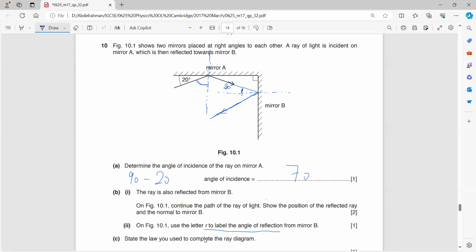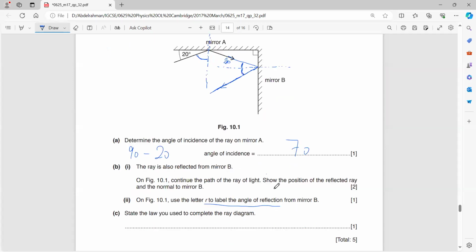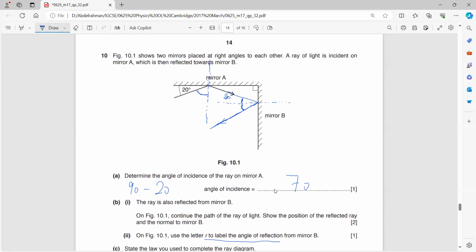He said label the angle of reflection R. So this is the reflected angle, which is also 20. 20 angle of incidence, 20 angle of reflection. That's it. It's as simple as that.